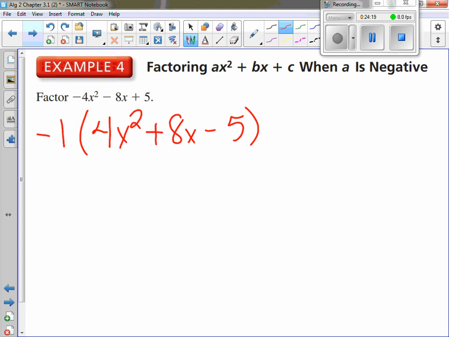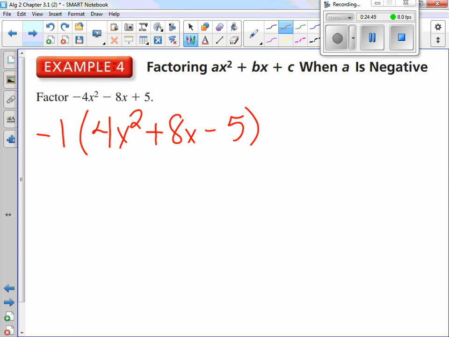Because I want the value of a, because any of these here we're working with is ax squared plus bx plus c. The leading coefficient is the number in front of the variable with the highest exponent. So the highest exponent for this is 2. So then 4 is the leading coefficient. It's the value of a. I want it to be positive, because if it's positive, all of these steps here work just fine.